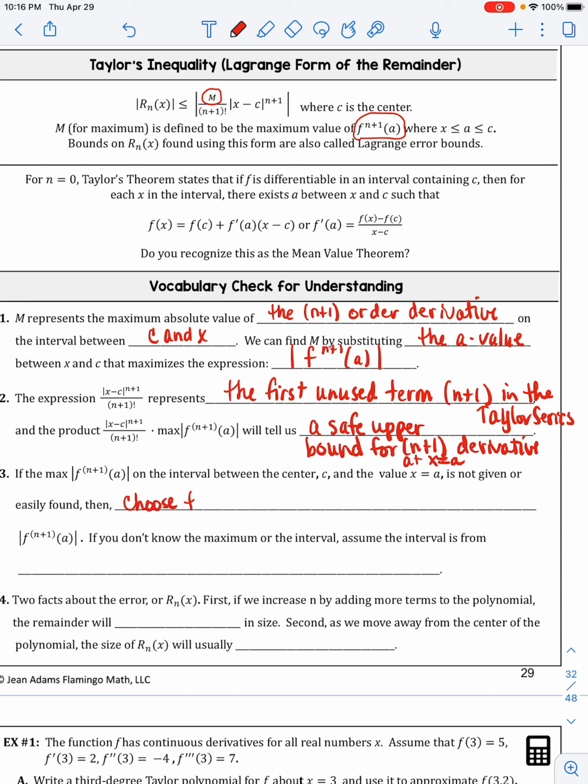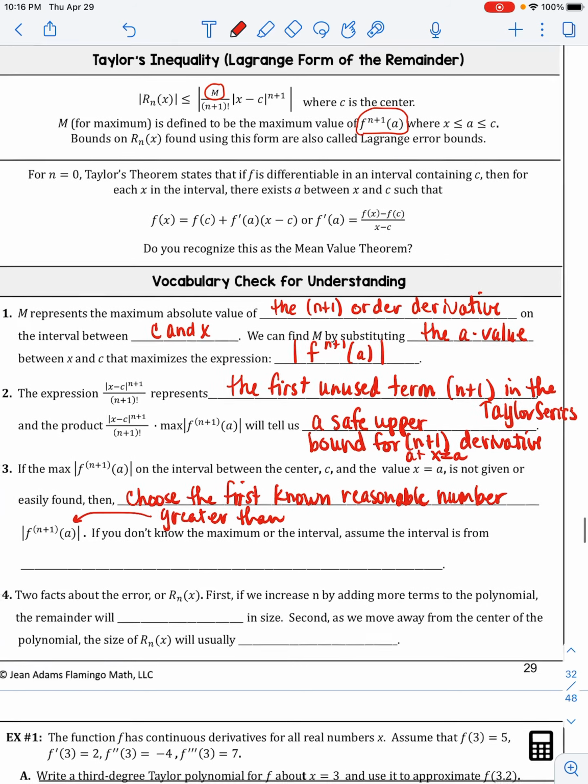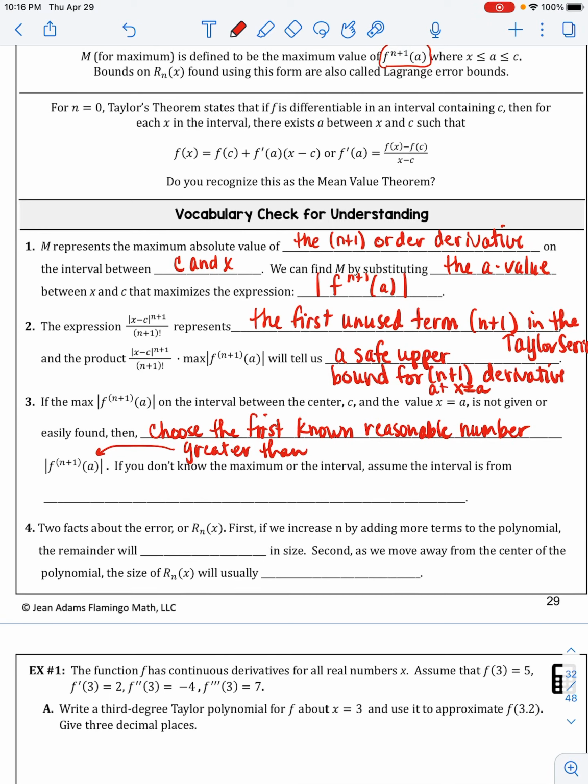So if the max of the n plus first derivative at a on the interval between the center c and the value x equals a is not given or easily found, then choose the first known reasonable number greater than the absolute value of the n plus first derivative at a.